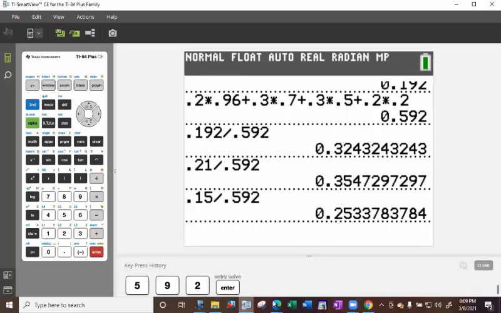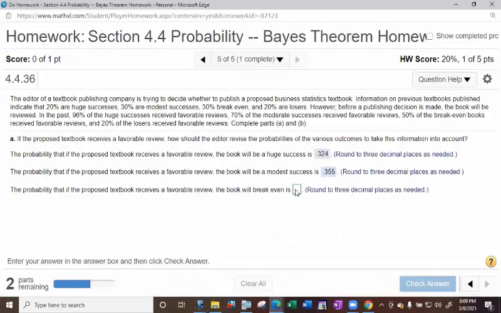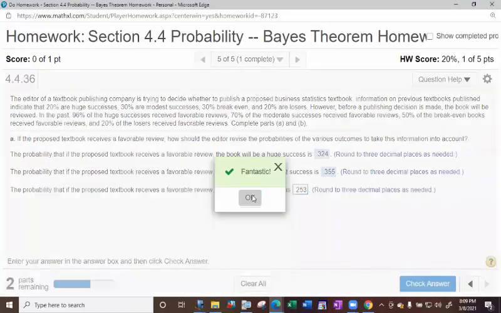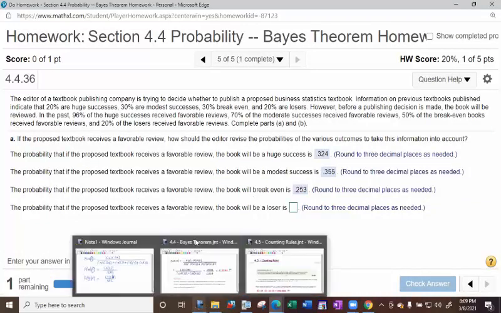Let's try 0.253. All right, and I saw that one coming. Loser given favorable review.